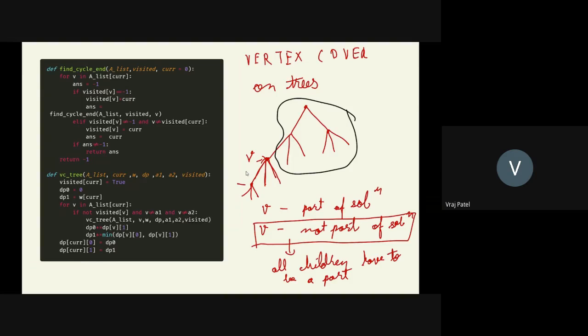So if V is not part of the solution, then definitely all of these children are part of the solution. And now let us consider the scenario where V is a part of the solution. If V is a part of the solution, then what can you say about all of these vertices?